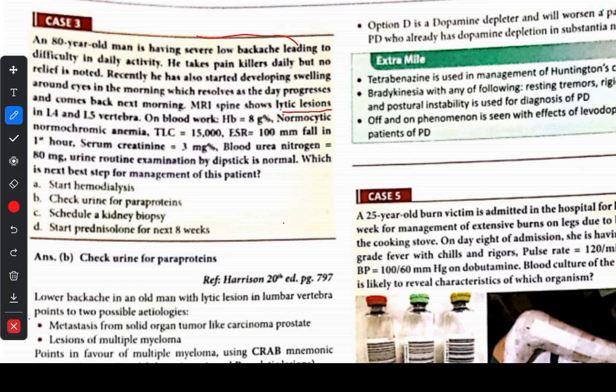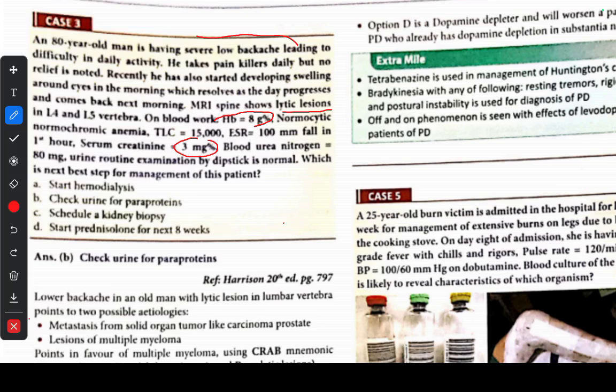Hemoglobin is low, there is anemia. ESR is high and creatinine is also high, 3. Blood urea nitrogen is 80 mg. So what's the diagnosis?